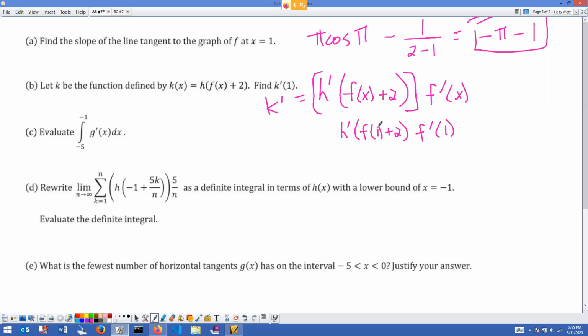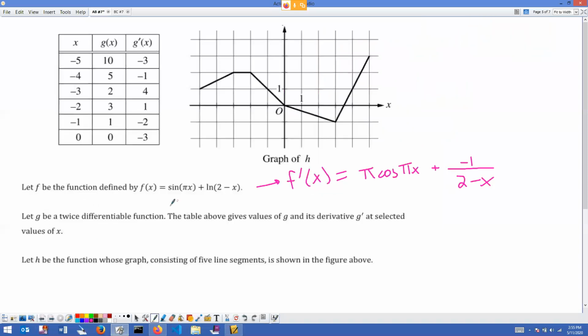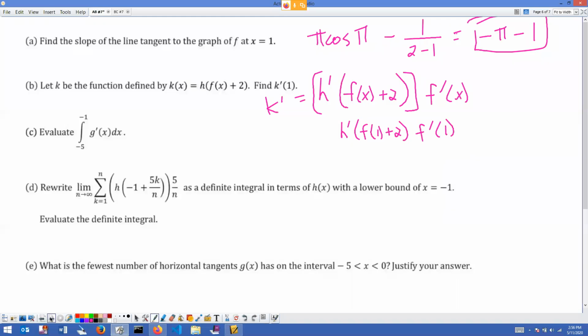So first we're going to need to figure out what f of 1 is. Okay, f of 1 is just from this. That's the sine of pi, which is 0, plus the ln of 1, which is also 0. So f of 1 is 0. So now we're looking at h prime of 2 times f prime of 1, which we already found.